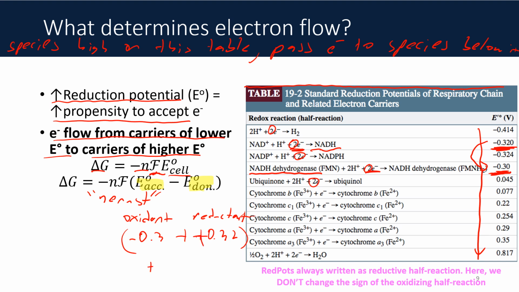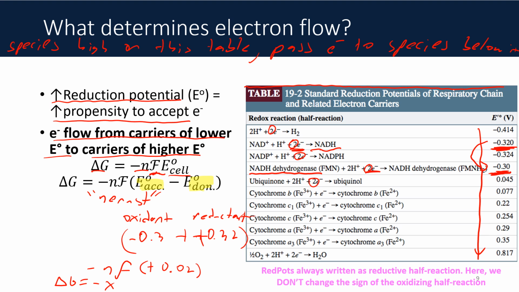Positive 0.02, which we're going to multiply by negative NF, a negative term. So that's going to equal a negative number, because a positive times a negative is a negative, so delta G equals a negative number. Therefore, it's spontaneous.